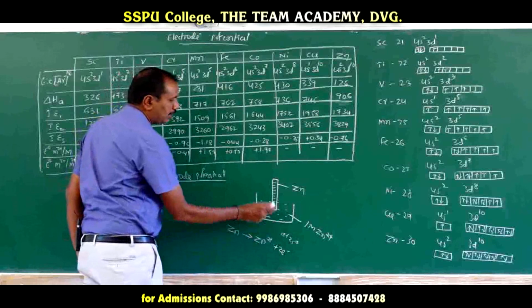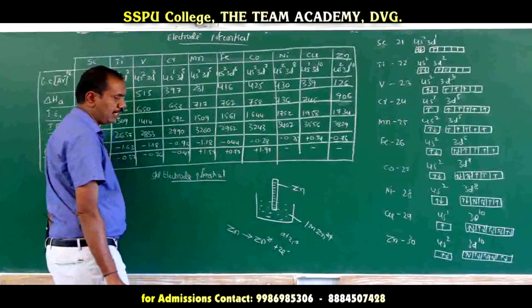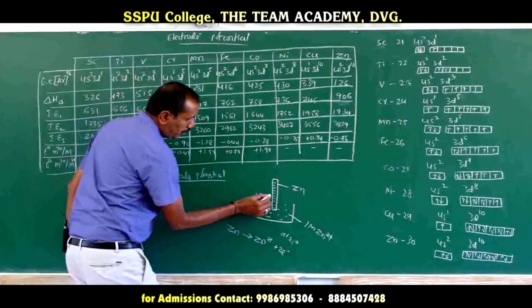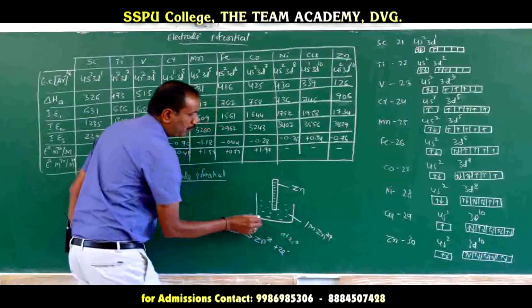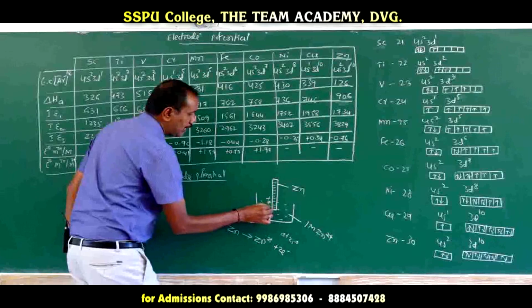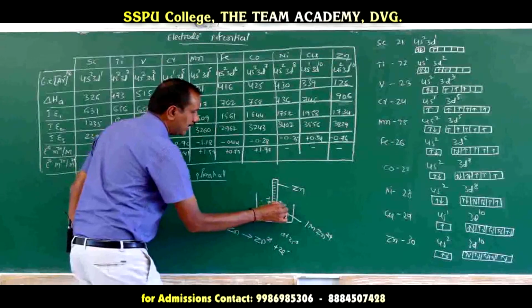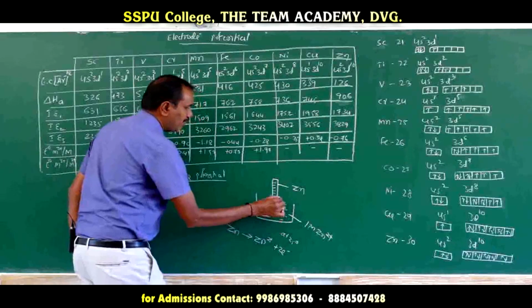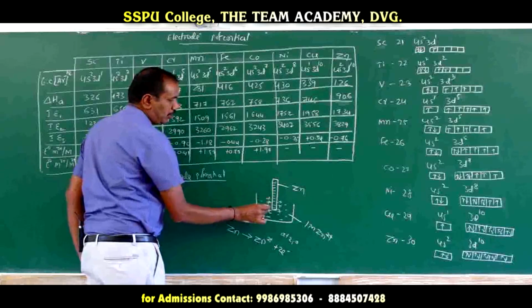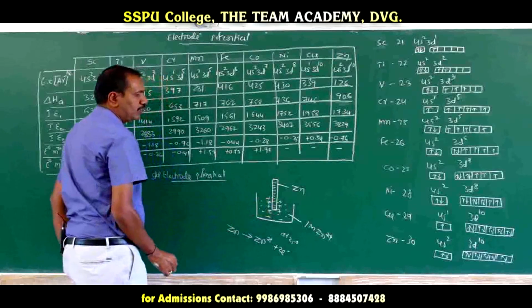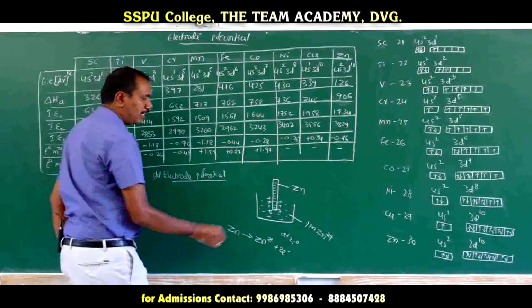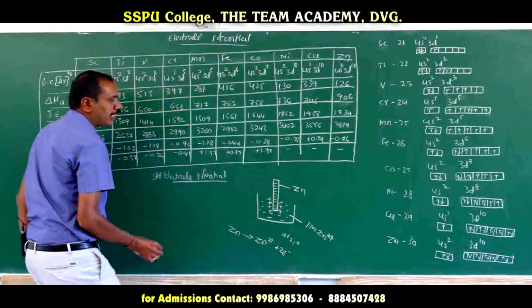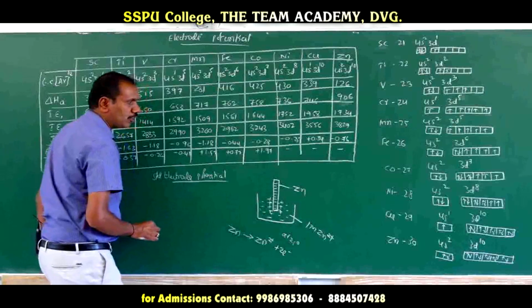These negatively charged electrons accumulate on the surface, and this negatively charged layer attracts the positive ions in the solution, that is, Zn2+. Totally it forms an electrical double layer, a positive layer and a negative layer. Due to formation of the electrical double layer, a potential is generated, and that potential is called standard electrode potential.